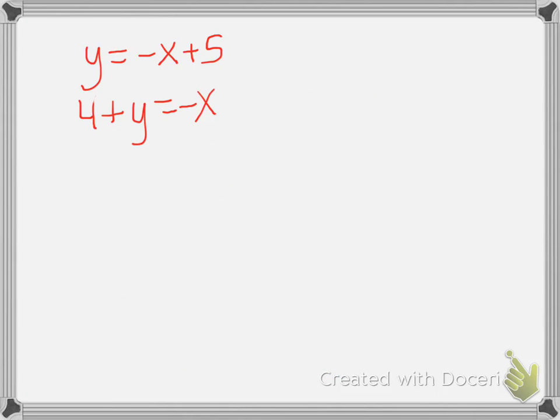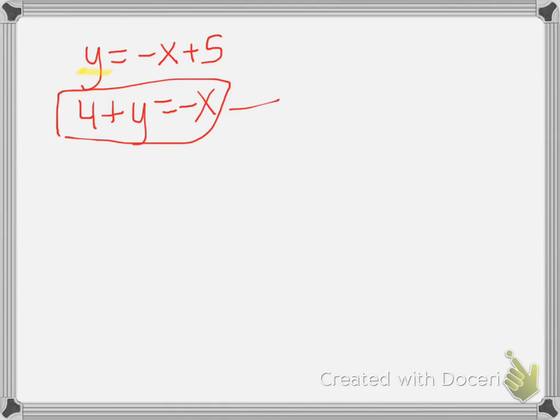So here's one that's not set up all stacked, the x is on top, y is on top. So what you want to do is alter one of the equations so that they are in the same order. It doesn't matter which one you alter, I'm going to go ahead and solve this one for y so that it looks like this top one.